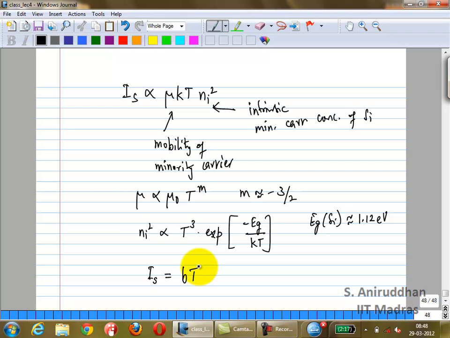So now you get rid of all the proportionality constants. You'll just make it some B times T power 4 plus m. Correct? You get a T cubed from here, a T power m from here, and an extra T. Then e power minus Eg by kT.